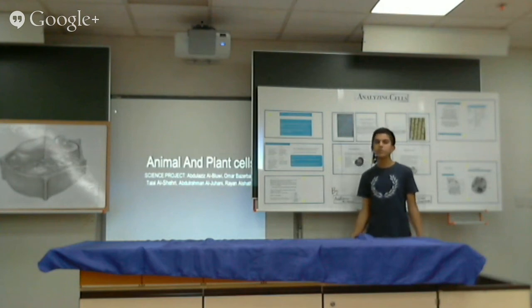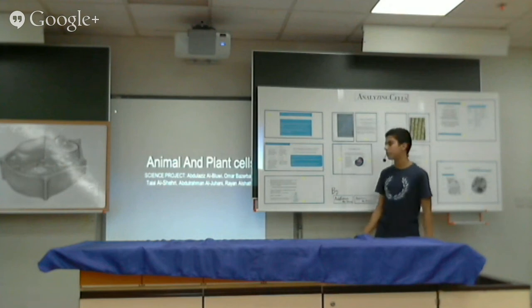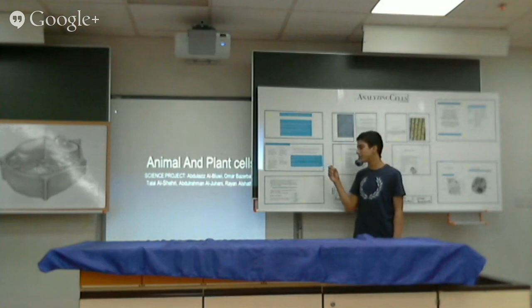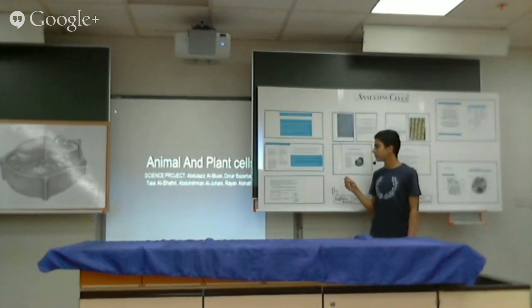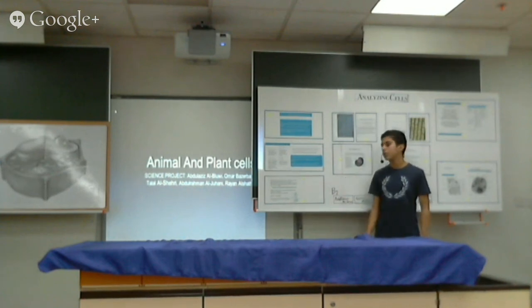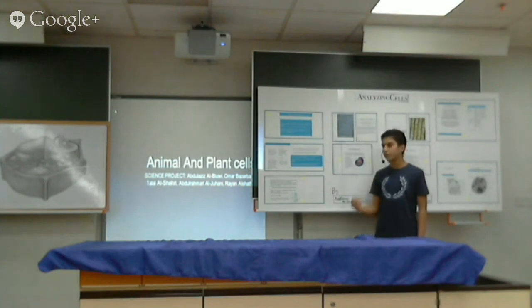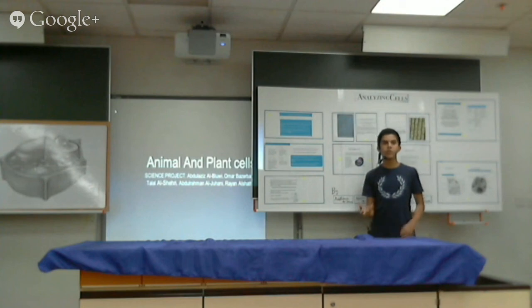So if you don't know the cell, you can just explain the cell theory. The cell theory states that all living organisms are composed of one or more cells. Cells are the basic structure and organization of all living organisms, and cells arise from previously existing cells. That means that cells can't be new. They have to come from a parent cell.